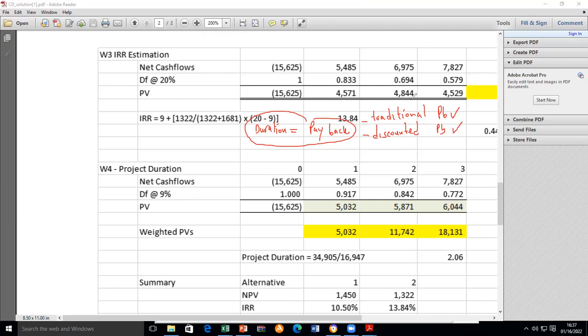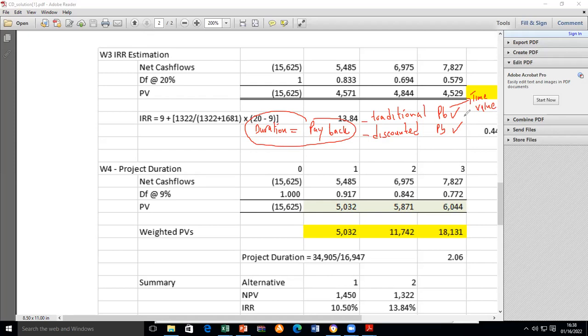What is the limitation of a traditional payback? We normally say it's because the figures are not yet discounted, so the time value of money is not considered. That is one problem. What is the other problem?